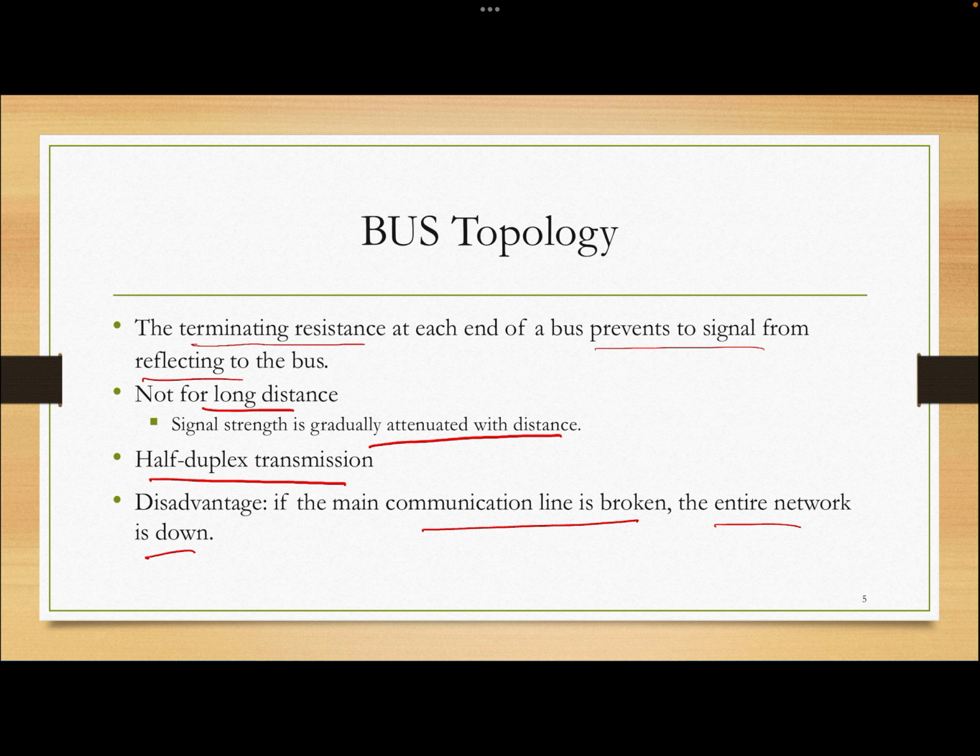It's half duplex because, if you look at this, suppose this person sends out a signal, and then this guy also sends out a signal. What happens is that they will collide.